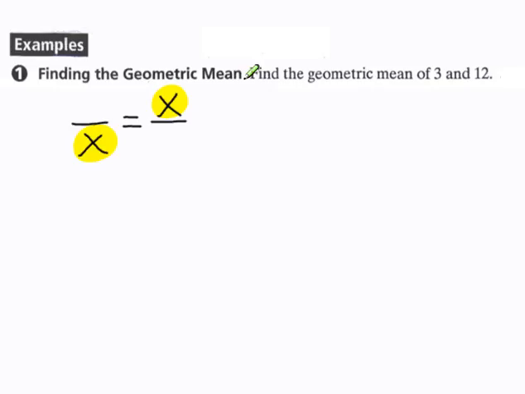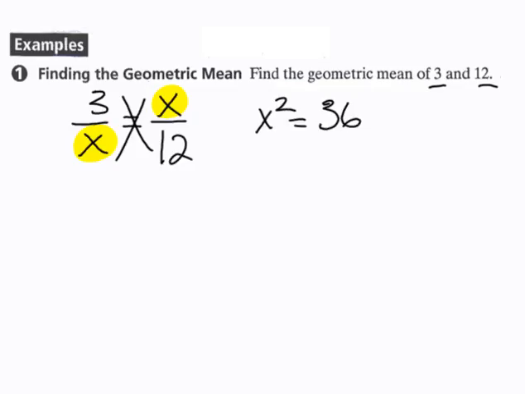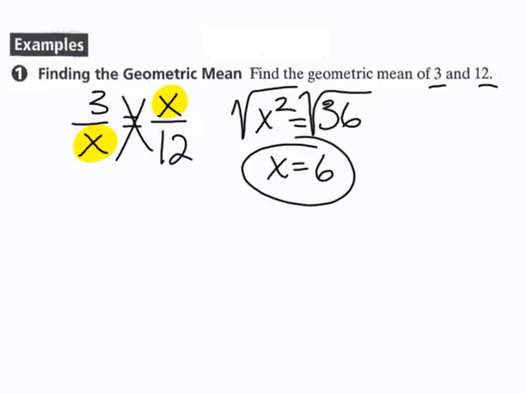And now we're going to use 3 and 12. So 3 goes here and 12 goes here. Now we're just going to do the cross multiplication. So I'm going to end up with x squared equals 36. Well, x squared equals 36, that means we have to take the square root of both of these. So x equals 6. That's the geometric mean of 3 and 12.